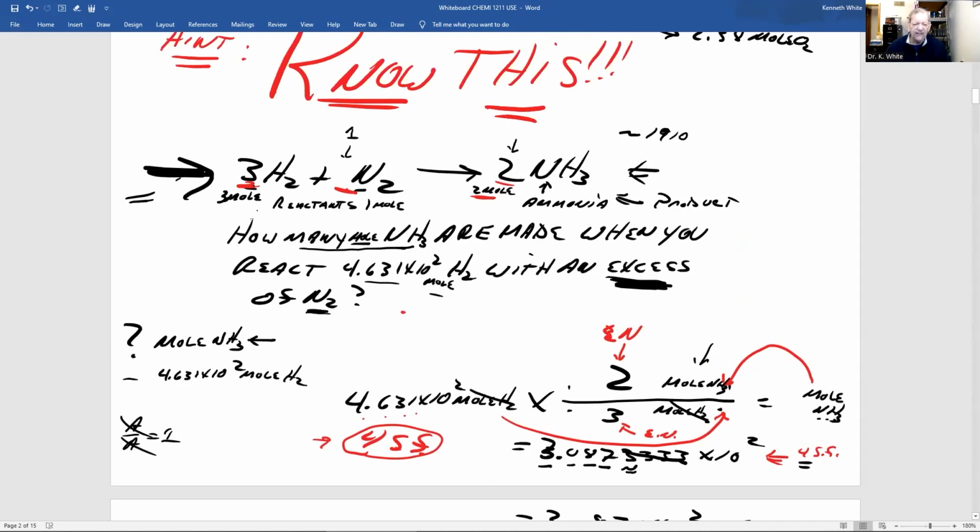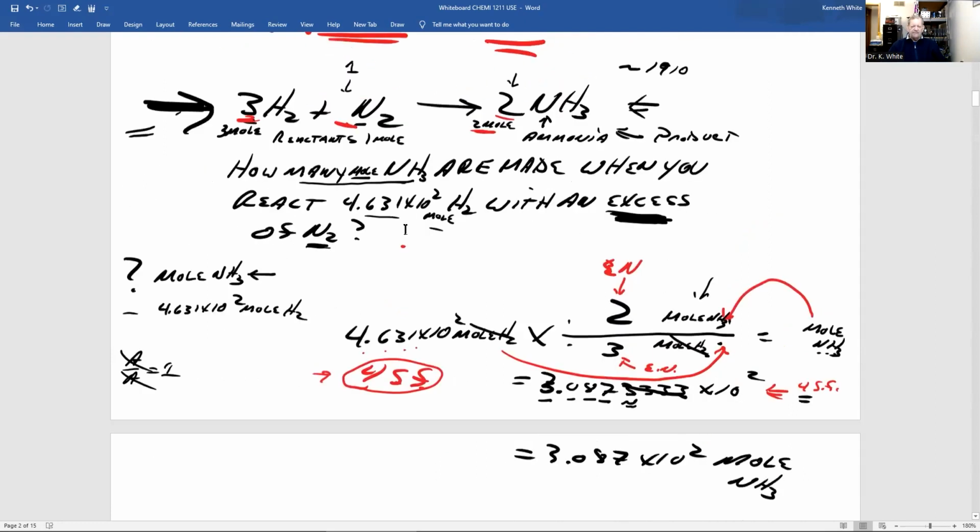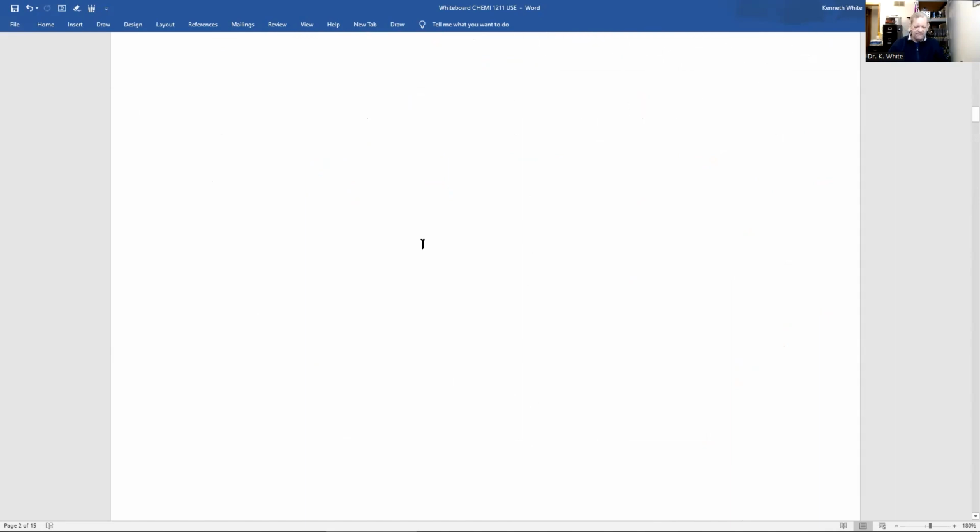Remember, the key to this is that the coefficients of a balanced chemical equation give fixed molar ratios between the reactants and products. Oh, let's do another one.